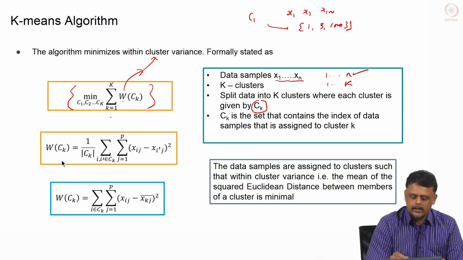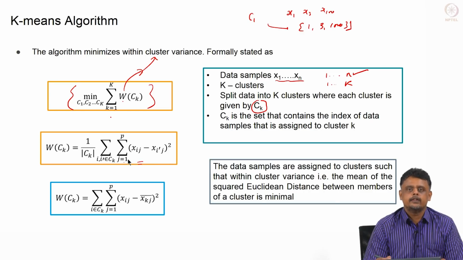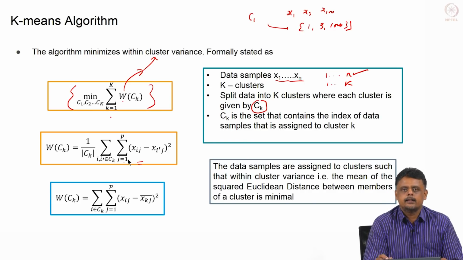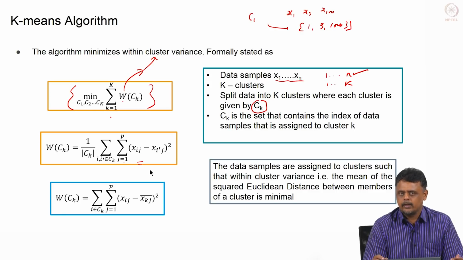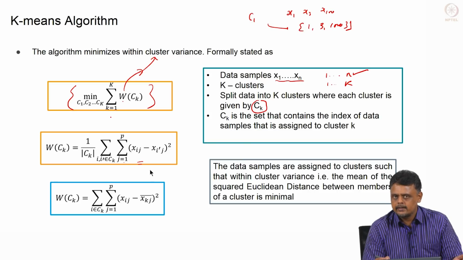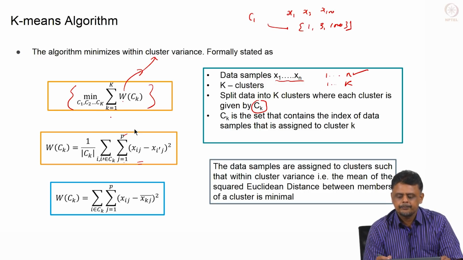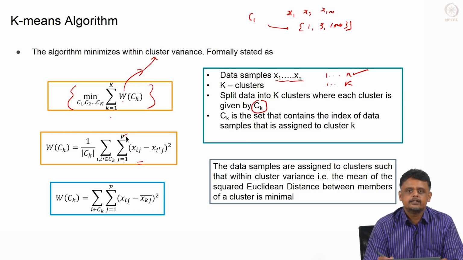This W itself can be written in this form, wherein the inner summation j runs through the features. If the data set is one dimensional, you are just given n data points, and each data point is just a scalar value. Sometimes if you have n data points, each data point can be a vector of values, the length of the vector being p, right. So, the inner sum runs over the p features.